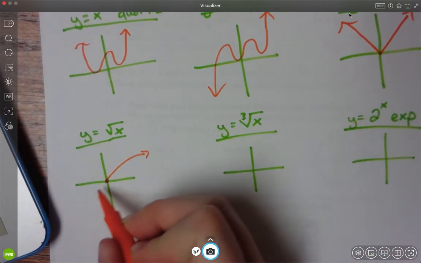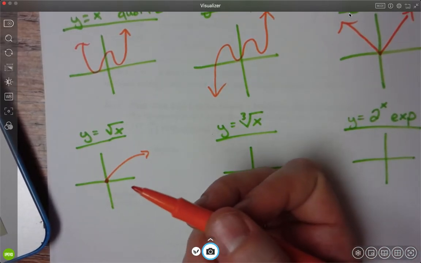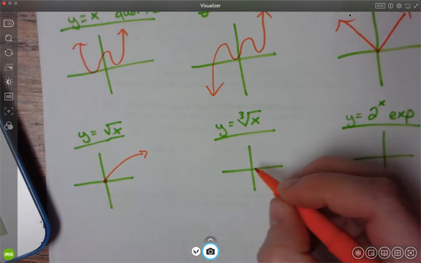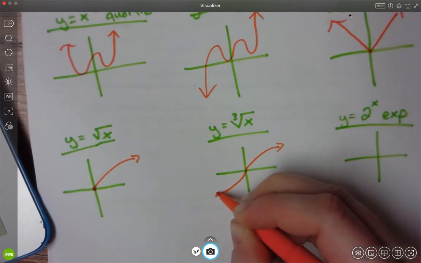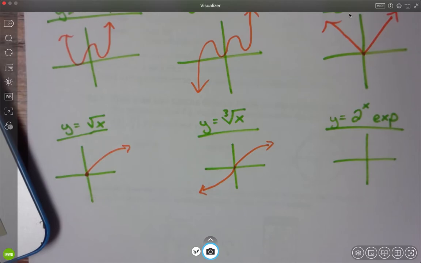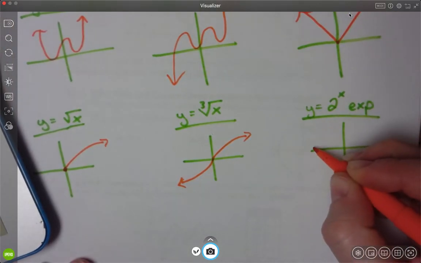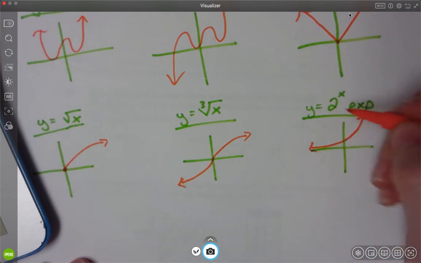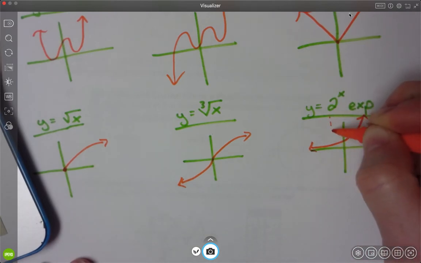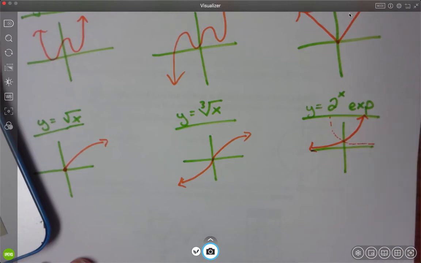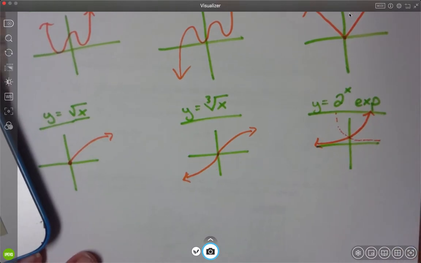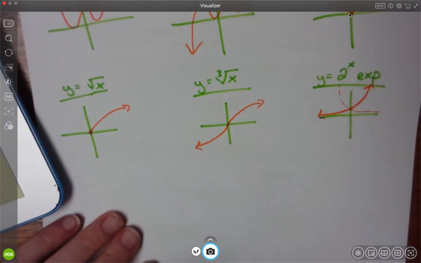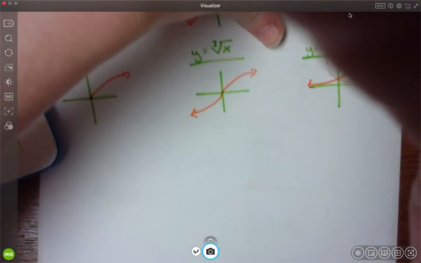It doesn't go past this way because you cannot have a negative inside of a square root. If you have a cubic root, you can, so it goes that direction. An exponential function is going to go like this if it's a growth. If it's a decay, it's going to go the other direction, so I'll maybe put that in here. It's going to look like that as a decay function. So stuff like that, that might be pretty close to the end of the list.